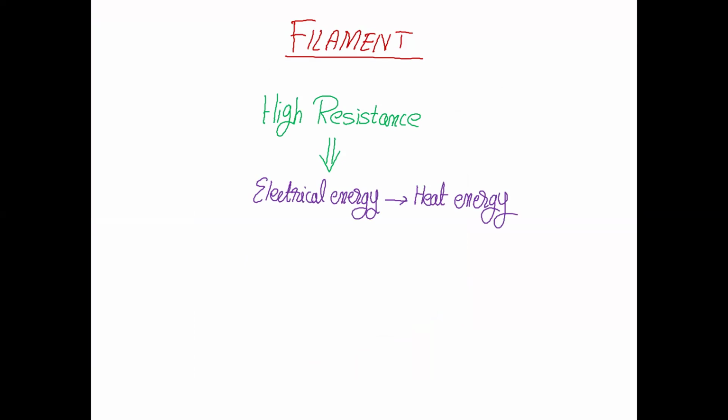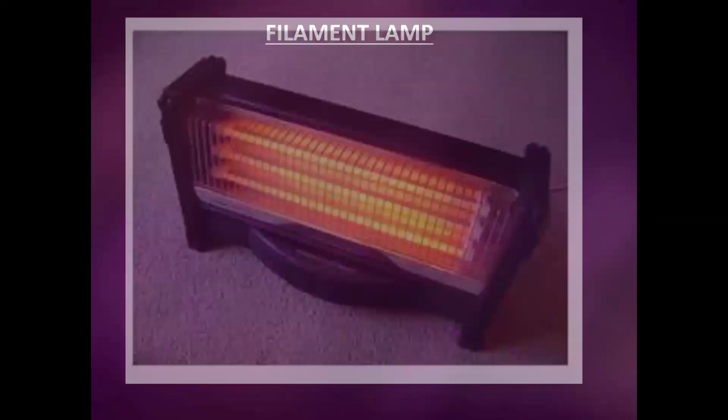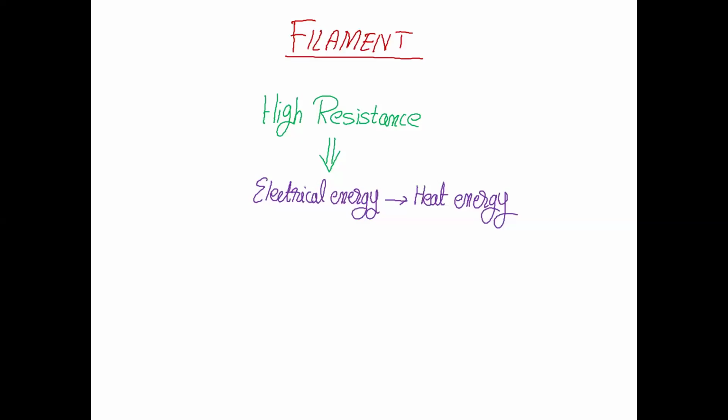You can talk about these irons, room heaters, hair straighteners. They all contain filament. They have a high resistance which converts electrical energy into heat energy. Filament looks like this. This is the way they look. When they're on, they are red glowing wires, like in toasters and other things. So now you have to copy this.